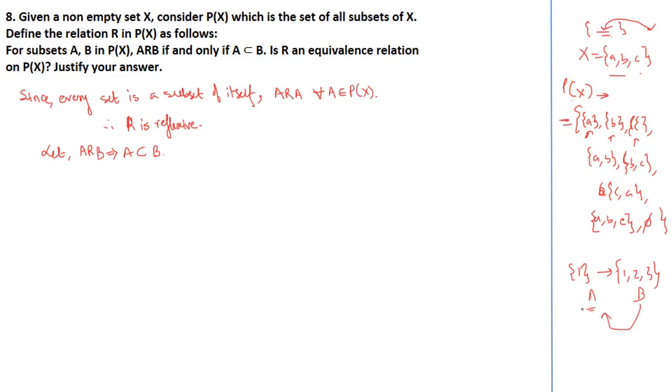No, b may be the set a itself, or b may be a superset of a. So this does not necessarily imply that b is also a subset of a. Therefore we are saying that R is not symmetric.